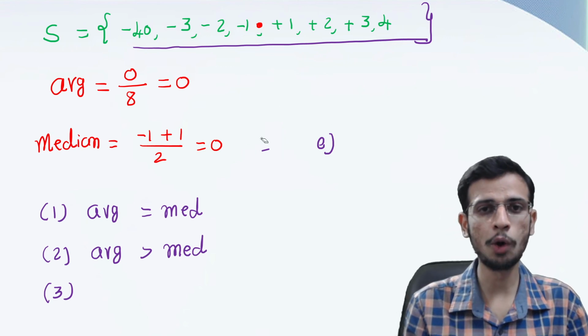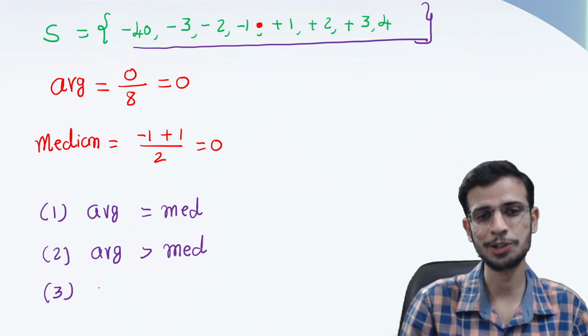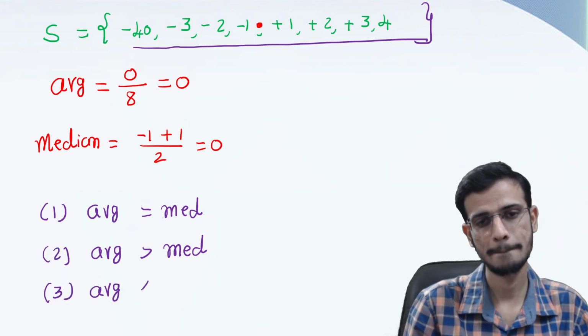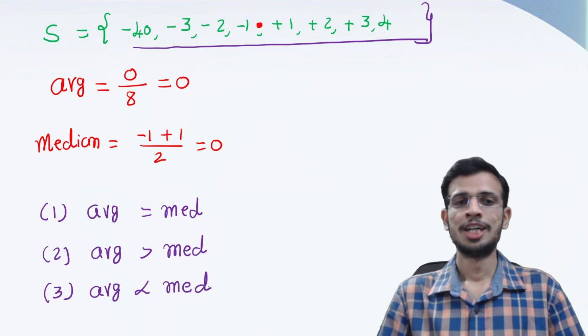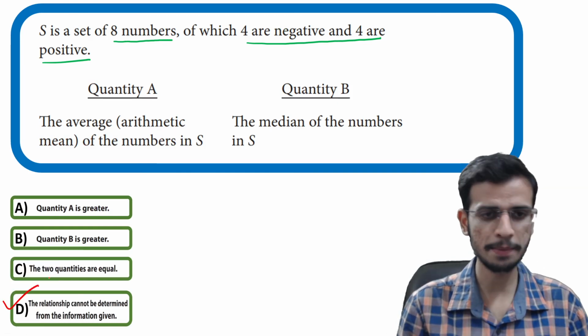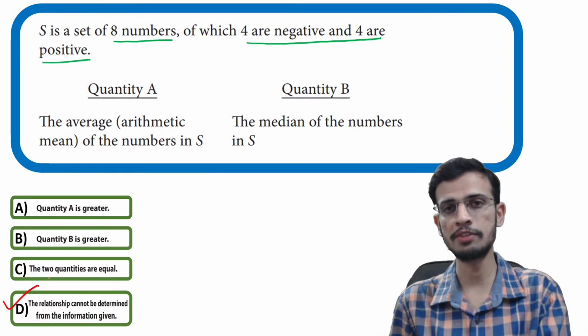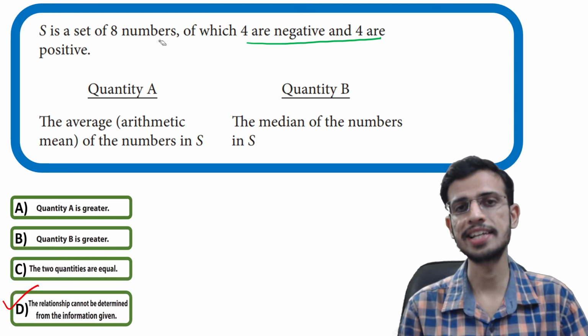So in this case, we got average less than median. Yes or no? So we'll choose option D as the correct answer: the relationship cannot be determined from the information given, because according to set S, our answer is changing.